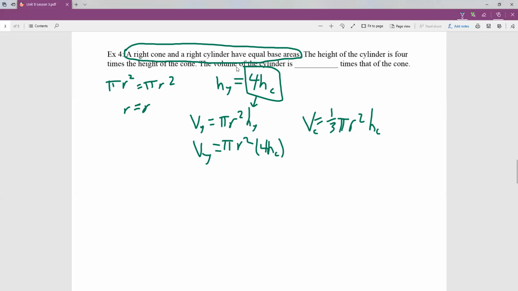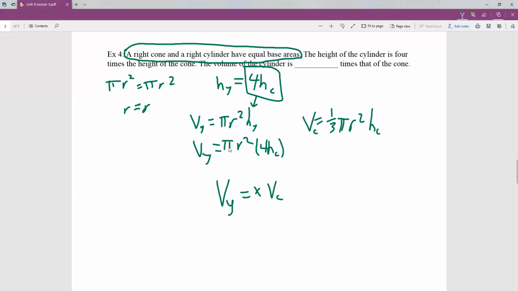Now we're going to write this phrase out as a mathematical phrase. So the volume of the cylinder equals blank times, and we don't know how many times, so I'm just going to put x times the volume of the cone. All right.